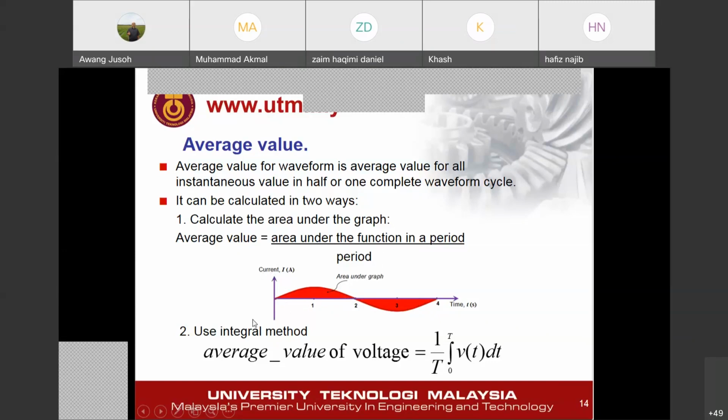Or we can use the integral method. By using the mathematical function, you just find the integration from 0 to T, where T is the period, as we mentioned just now. Integrate this equation, V of t dt, divided by the period. That gives the DC value.